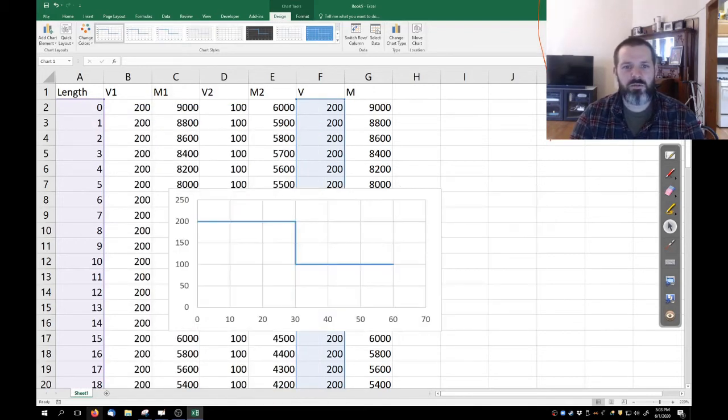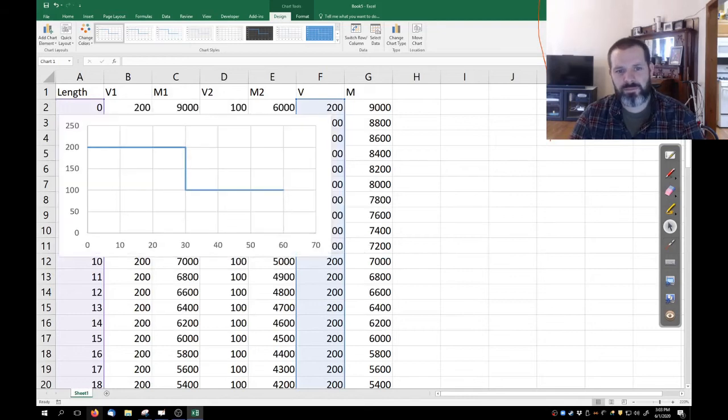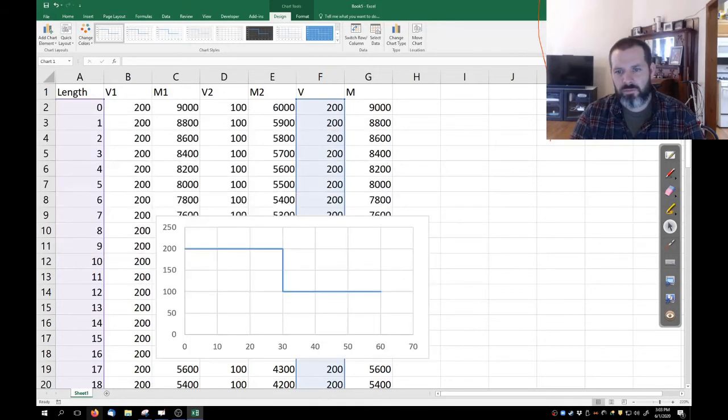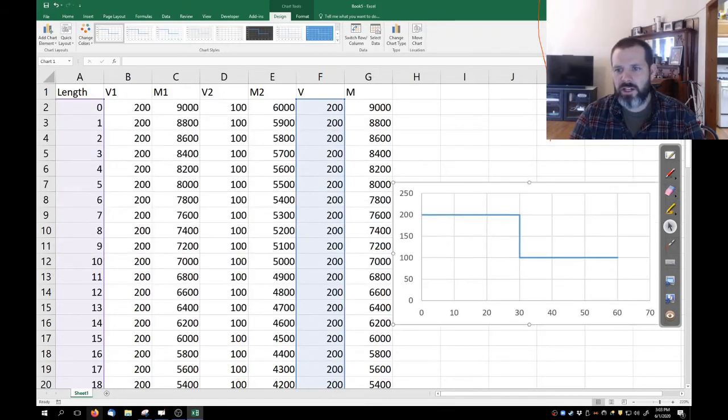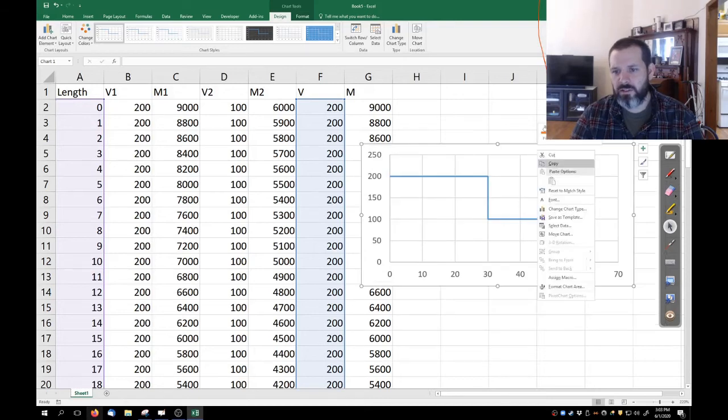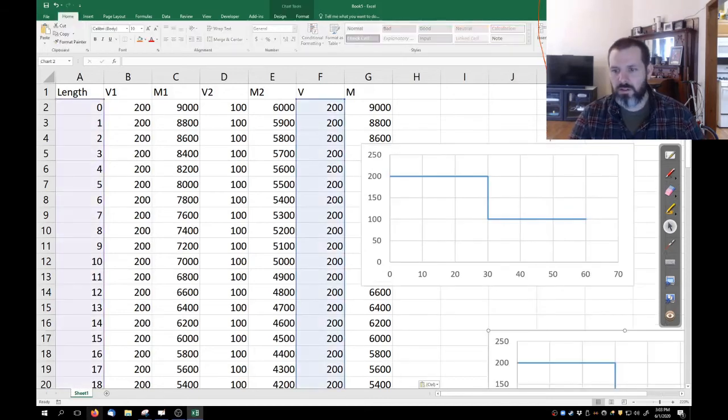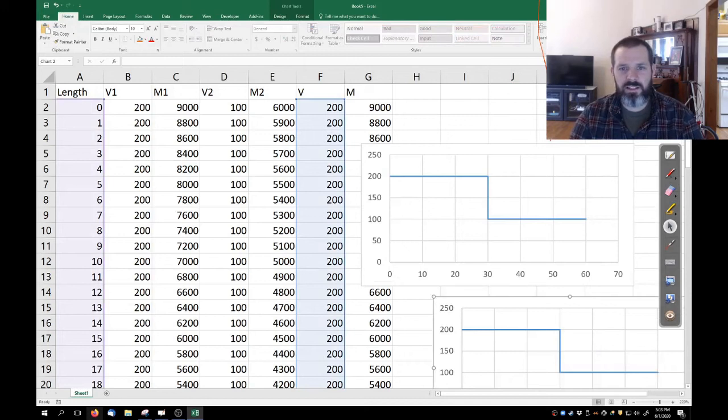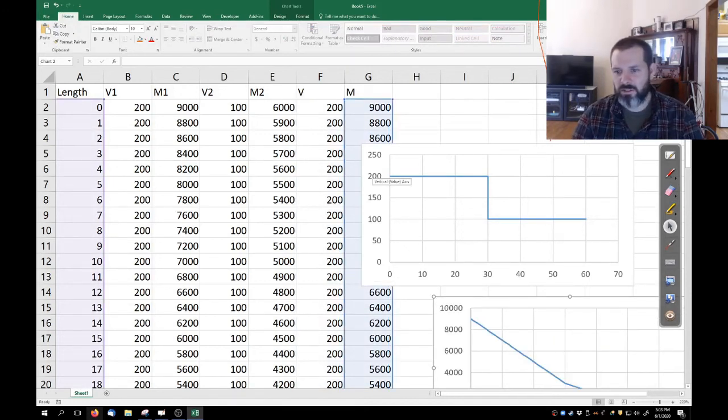So there we've plotted what happens in the shear. Let's copy this. And length is going to stay the same. We're going to drag it over and we're going to plot moment.